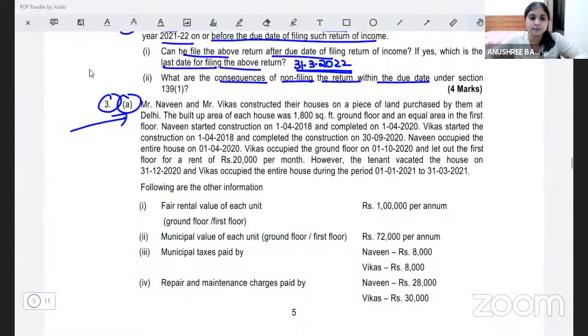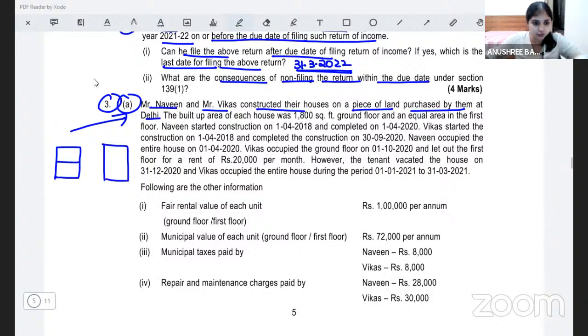IFHP based question. Mr. Naveen and Mr. Vikas constructed their houses on a piece of land purchased by them at Delhi. Built up area of each house was 1800 square feet, ground floor, and an equal area in the first floor. So both Mr. Naveen and Mr. Vikas have constructed a house each.